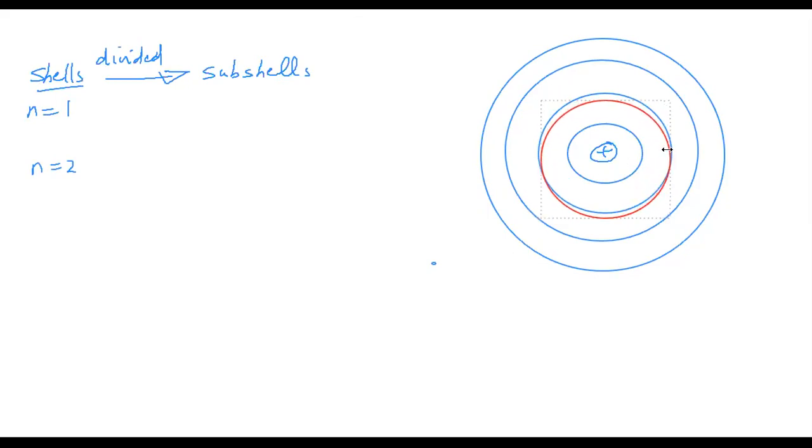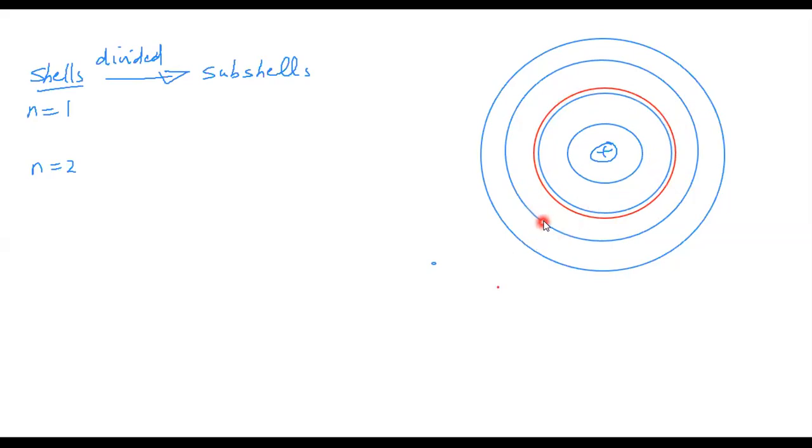But they are very near in energy. That's why in ancient instruments, they couldn't detect this division, because the subshells are very near to each other. But in advanced instruments, they were detected.